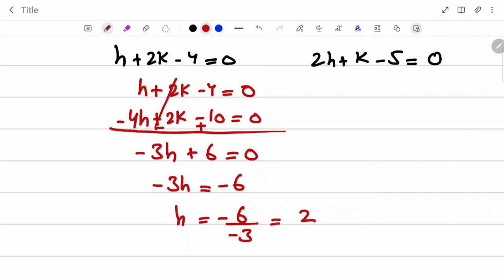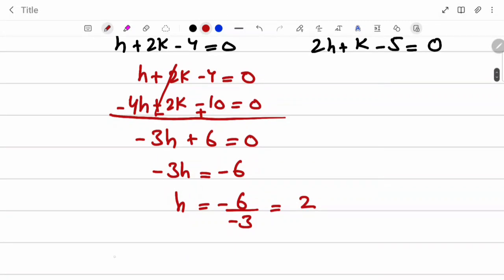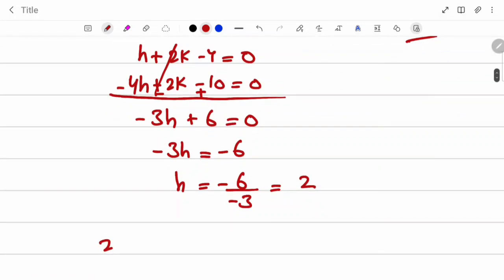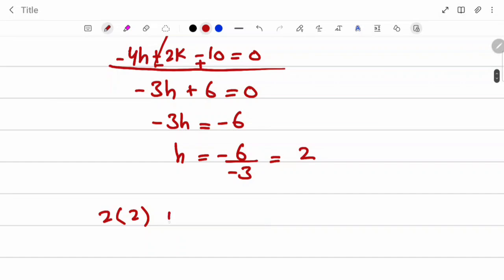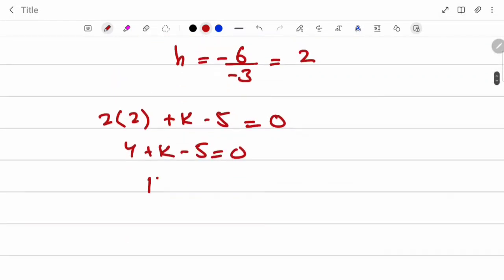So h is 2. So we can simply find the k value from this equation: 2 times 2, then we have plus k, and we have minus 5 equals 0. So we have 4 plus k minus 5 equals 0. That turns out to be k minus 1 equals 0, and we have k is equal to 1.